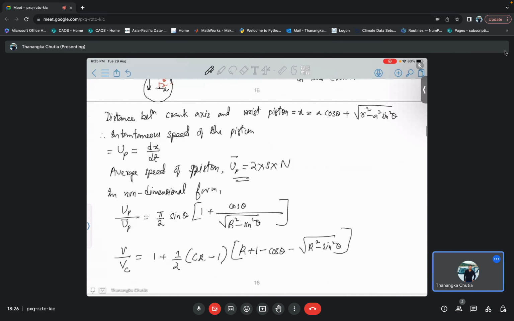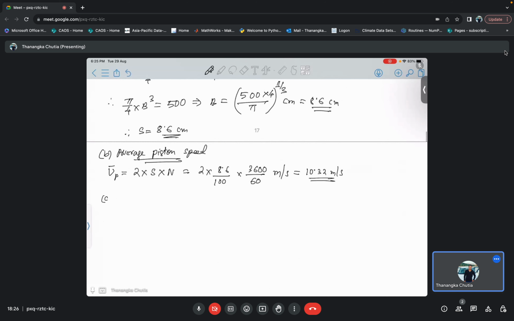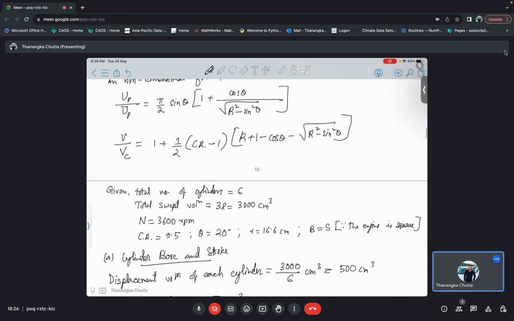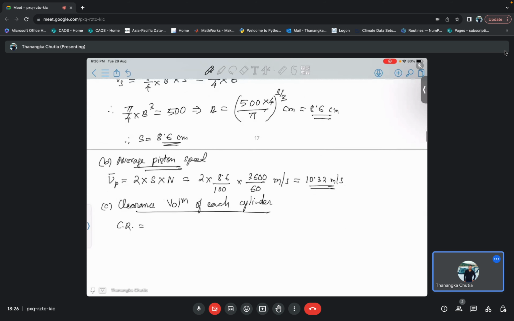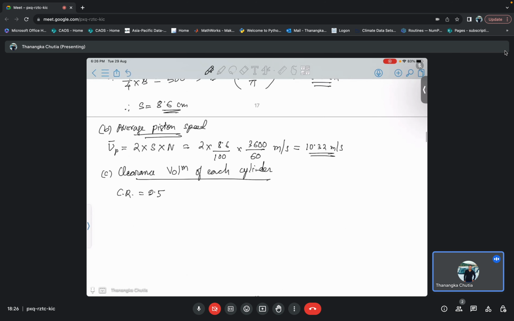Next, clearance volume of each cylinder. Now the compression ratio they have given is 9.5, and we also know that the compression ratio is nothing but Vs plus Vc upon Vc, which is equal to Vs by Vc plus 1. So from here Vc will be equal to Vs divided by Cr minus 1.